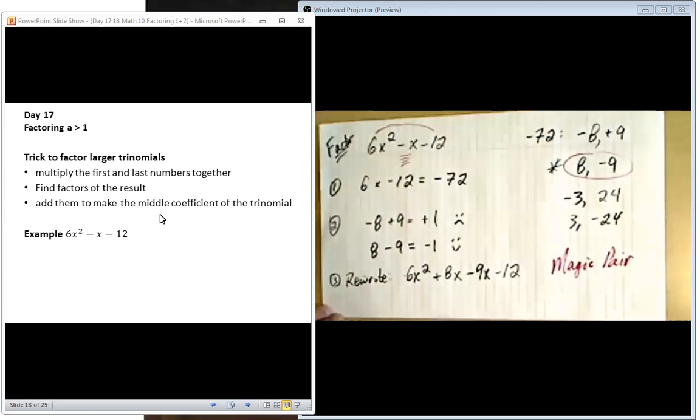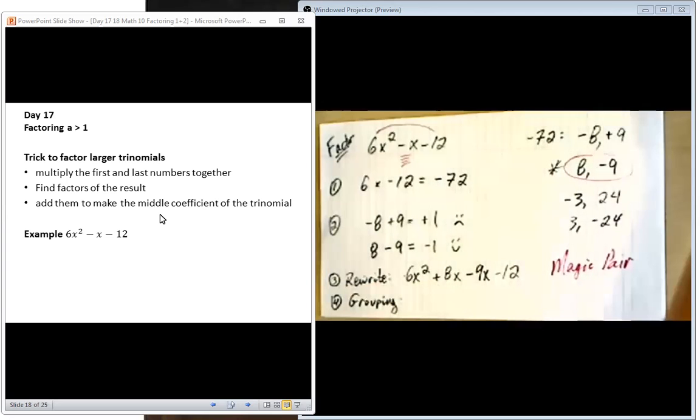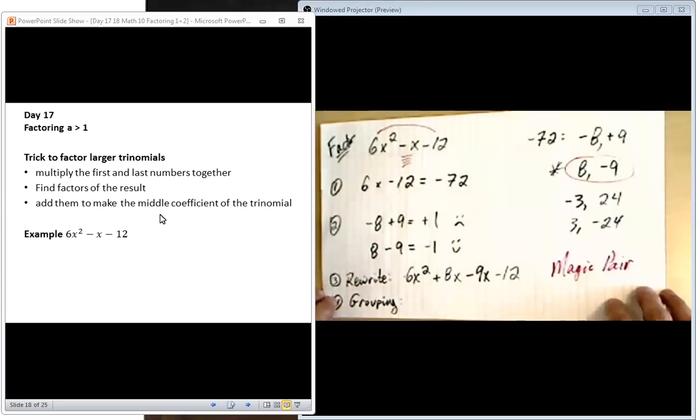Okay, so to keep going, what we do is take a look at how many terms there are now. 1, 2, 3, and 4. So to continue, we do the grouping to finish this up. So that factoring by grouping question is now one part of one of these things.